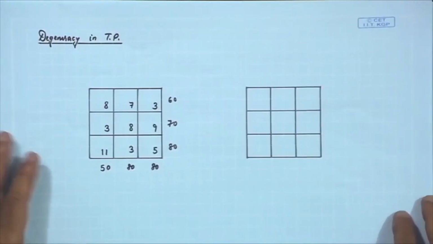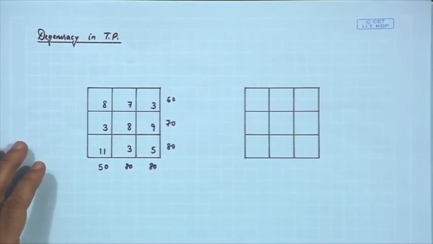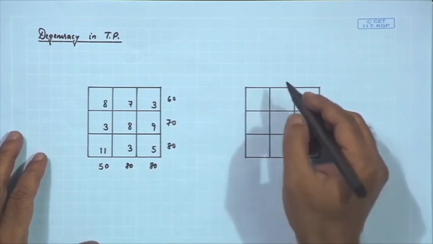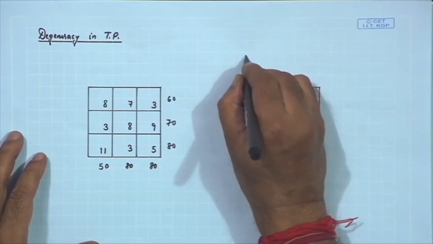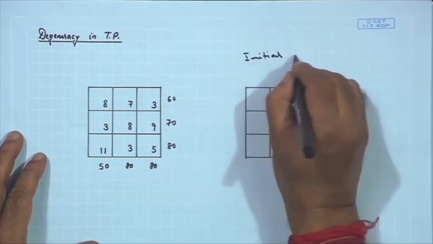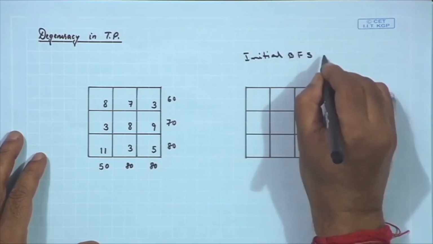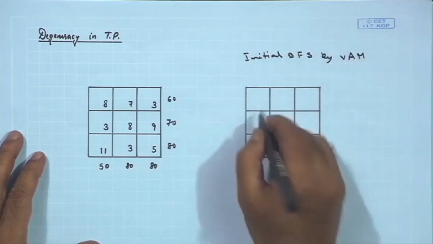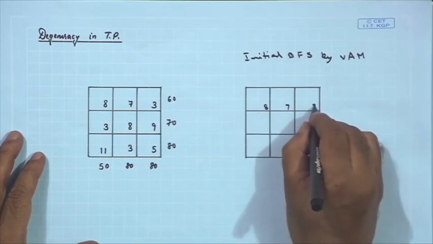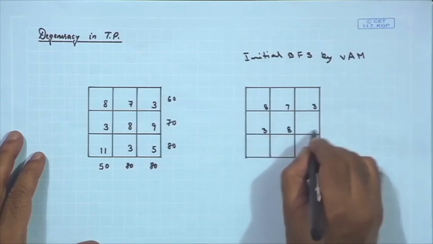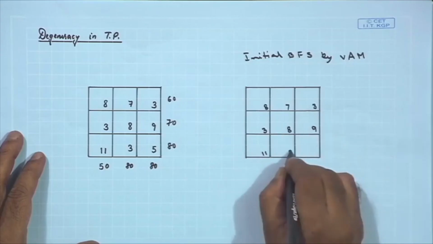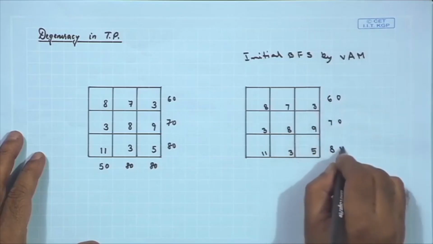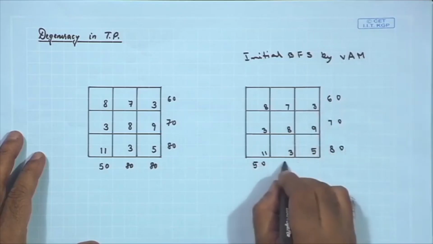You see the problem. I have a problem like this. At first I am finding the initial basic feasible solution by VAM method. I am directly writing the solution. Here you have 8, 7, 3, 3, 8, 9, 11, 3, 5, and it is 60, 70, 80, 50, 80, 80.